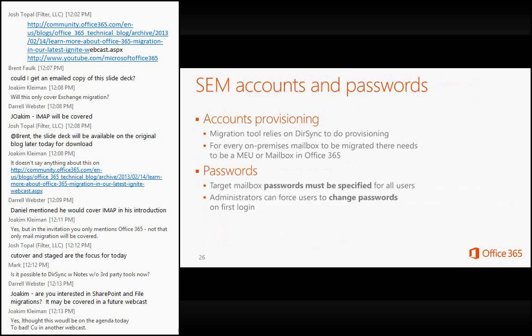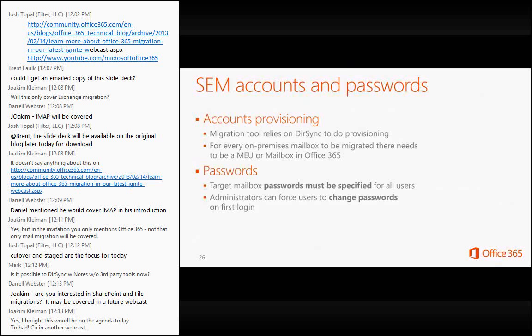So from an account provisioning perspective, we obviously use the directory sync tool. The directory sync tool will provision the accounts in Office 365, and it will provision those as mail-enabled users. When we do the migration, it will then convert that mail-enabled user in Office 365 into a mailbox-enabled user in Office 365. And we've got a slide right at the end that tells us that we actually need to then convert the on-premise object to a mail-enabled user.